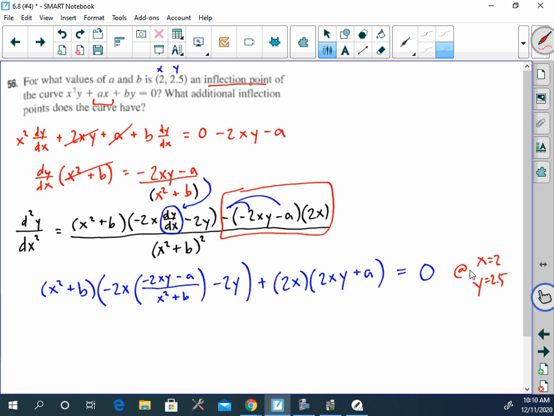Okay, so let's plug these in then. X squared is 4 plus b. -2 times x gives me a -4. This stuff here, I'm going to get my calculator. I don't want to mess up. Go ahead and grab your calculator. Start plugging stuff in.